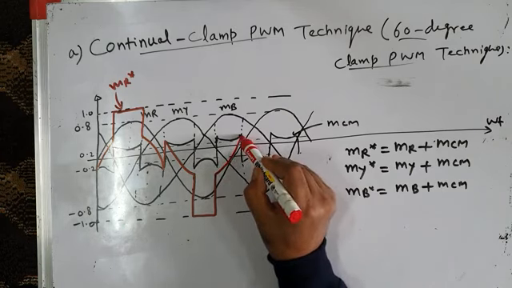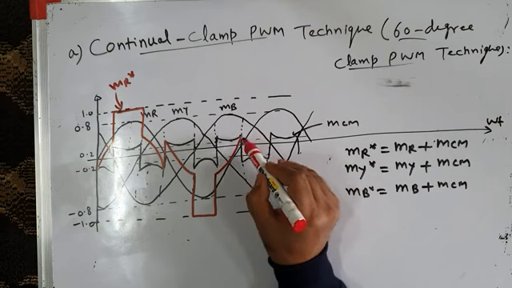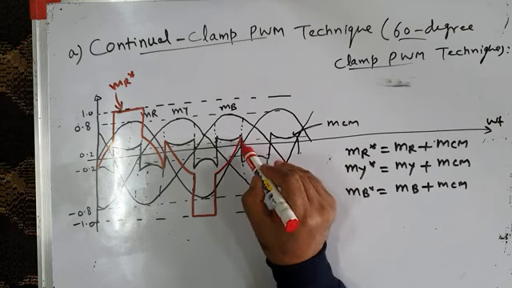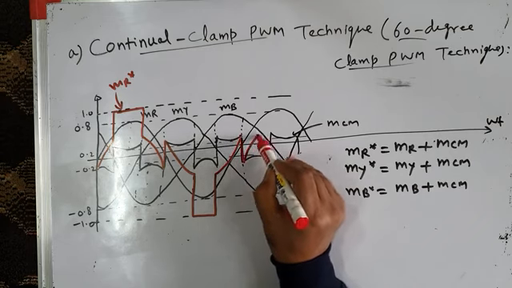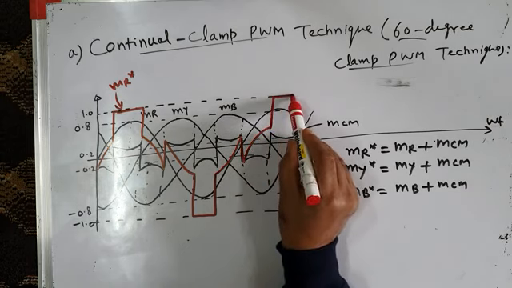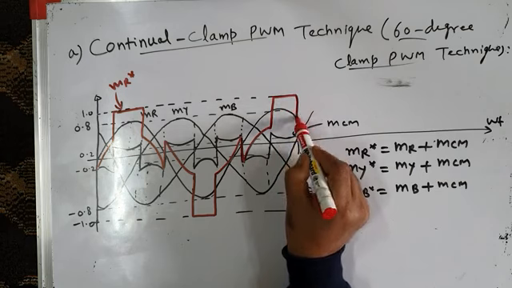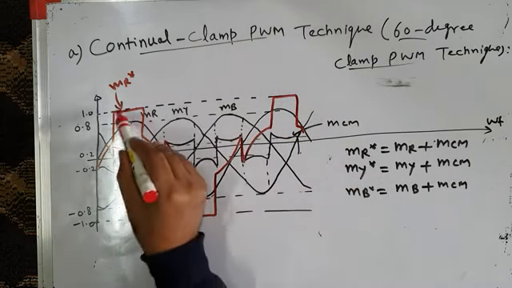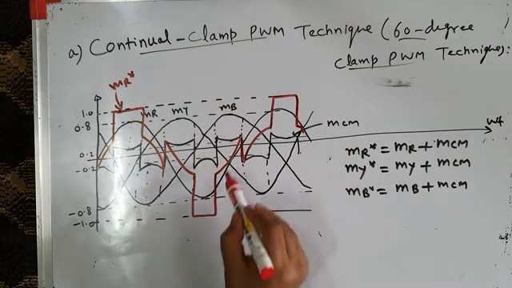Okay, and it will follow the same pattern, come down, go up, and it will again clamp. It will again clamp to positive DC bus. Okay, so this is the completion of MR star.